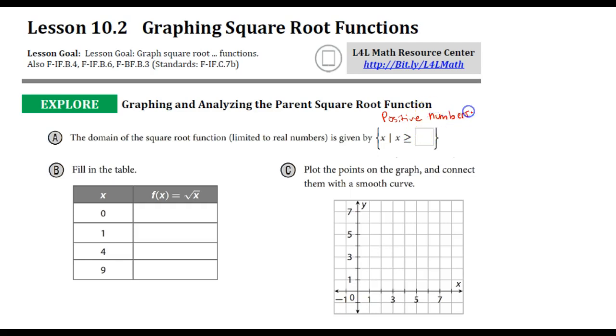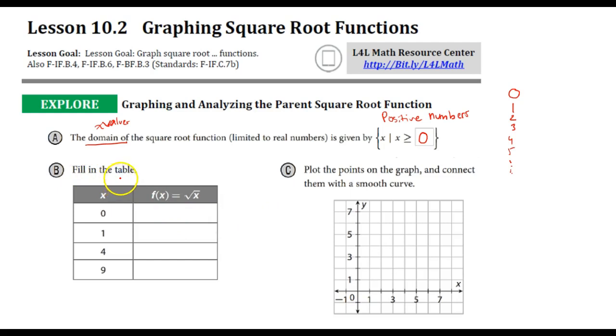And we talked about this in class on the previous lesson, so x, which is the domain, so all our x values, will be greater than or equal to 0. Because all positive numbers, if you think about it, like 1, 2, 3, 4, and so on, are greater than 0. And we can also include 0 as an actual real number as well.